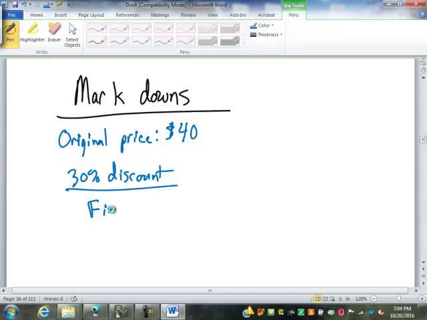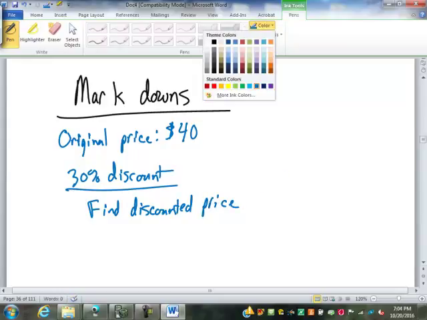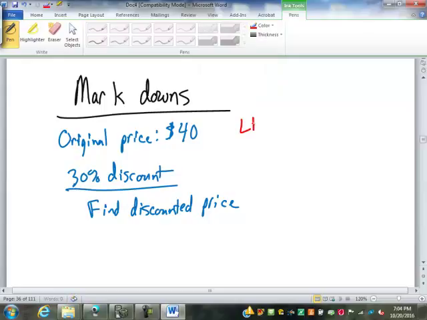We want to find the discounted price. Now, we're going to always refer to this original amount. The original price is the list price. That is what it is listed as after they get their desired markup.